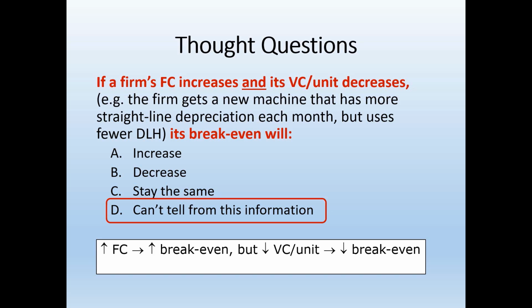That means each unit can contribute more toward covering the fixed cost, and that would make break even go down. In other words, this change might increase break even or decrease break even, or break even might stay the same. It depends on which effect is bigger.